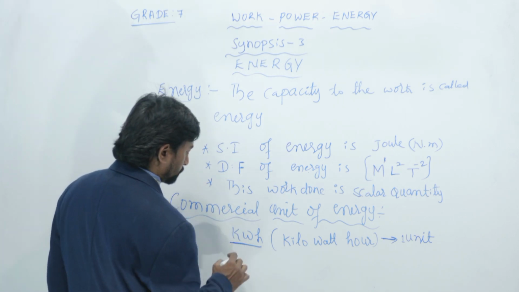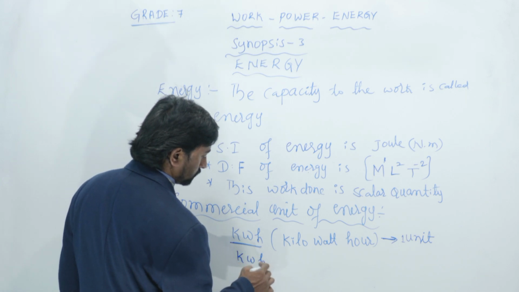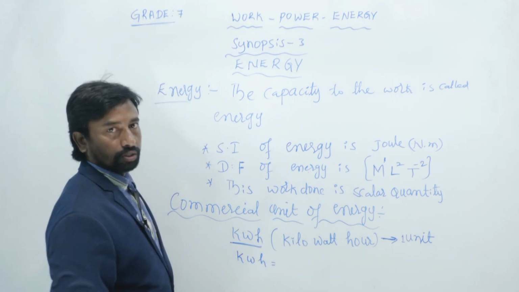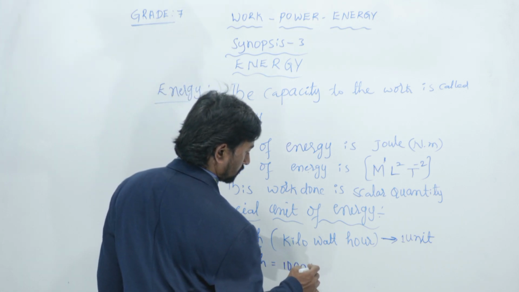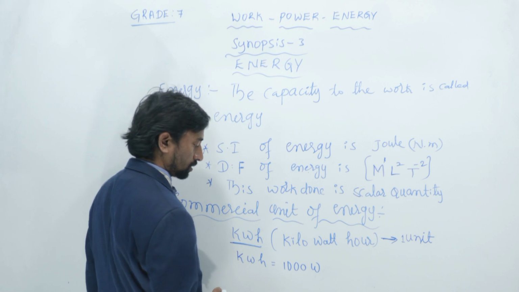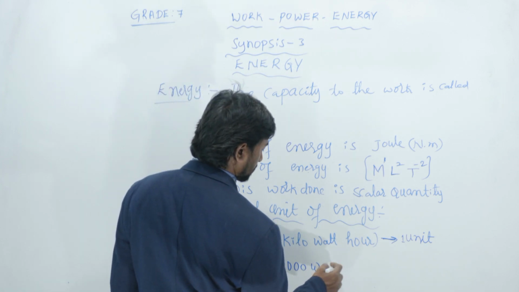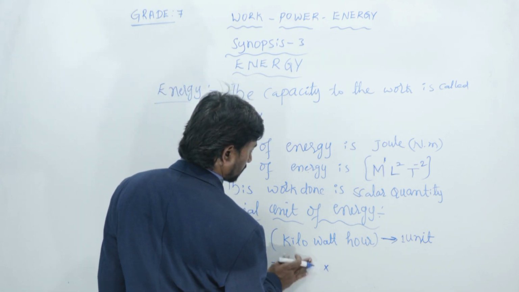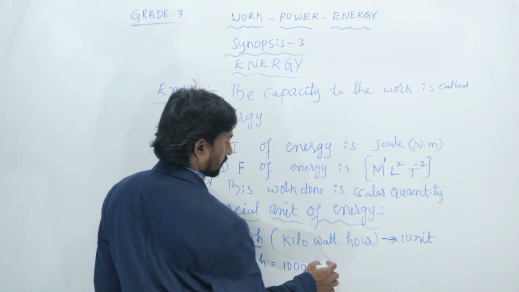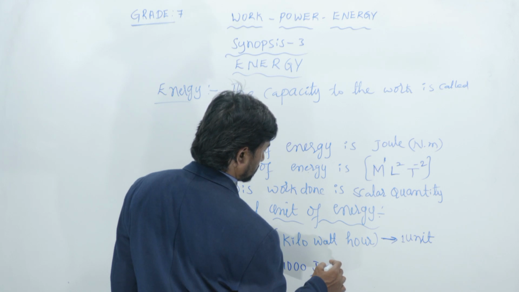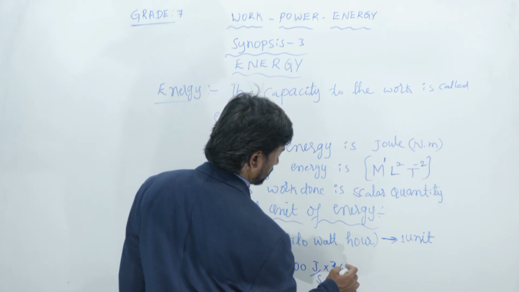Then we should convert kilowatt hour into joules. Kilo is 1000, so kilowatt is 1000 watts. Watt is joule per second, and 1 hour is 3600 seconds.